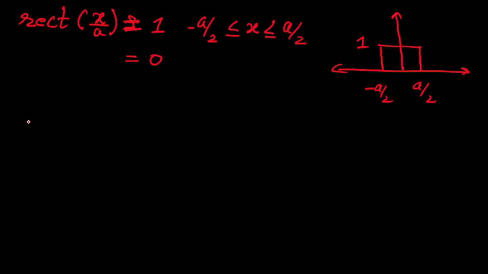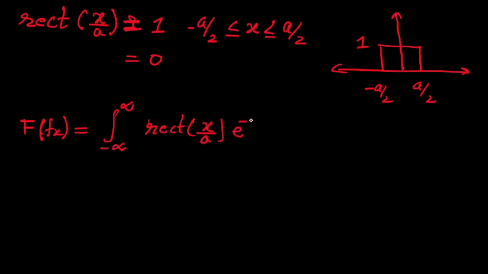Let's say the Fourier transform is capital F, a function of the spatial frequency fx, and that can be written as the integral from minus infinity to plus infinity of the rect function times e to the power minus i 2 pi x fx dx.